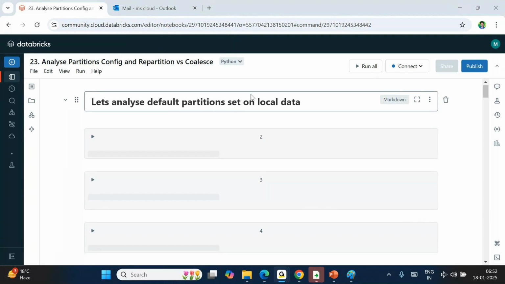Any other questions, team? Are you able to see my screen? I am in the notebook.